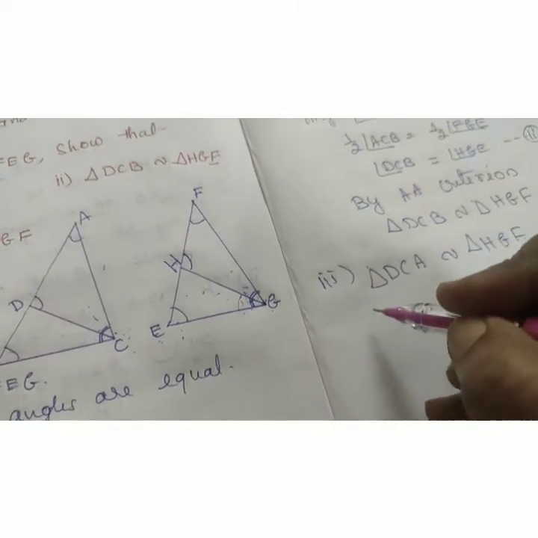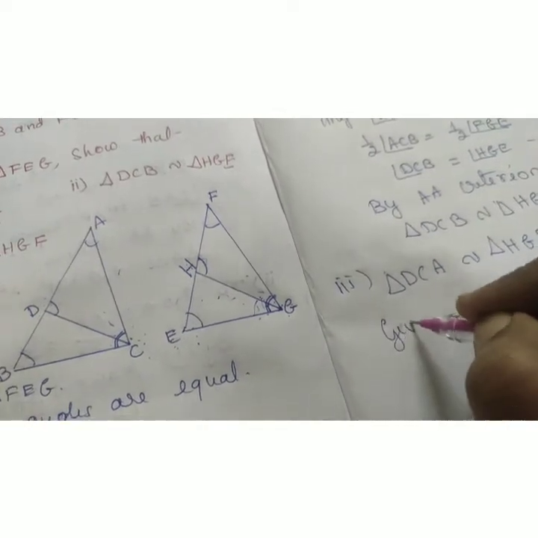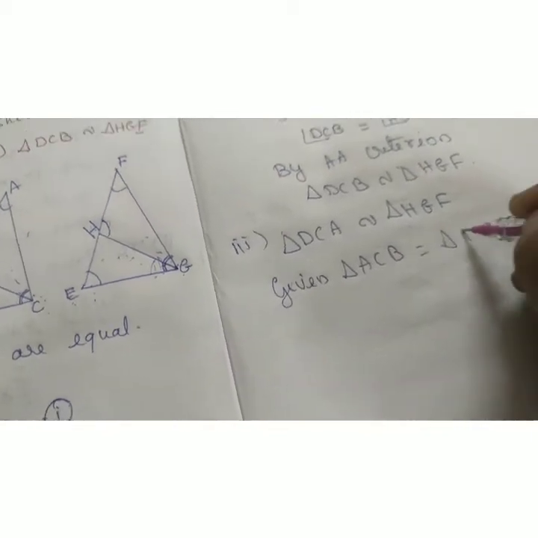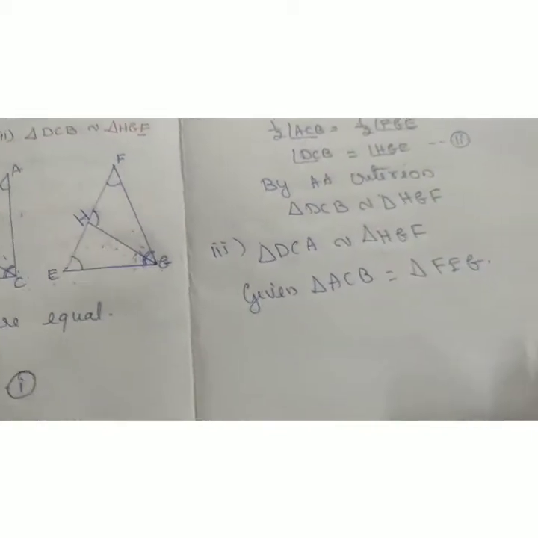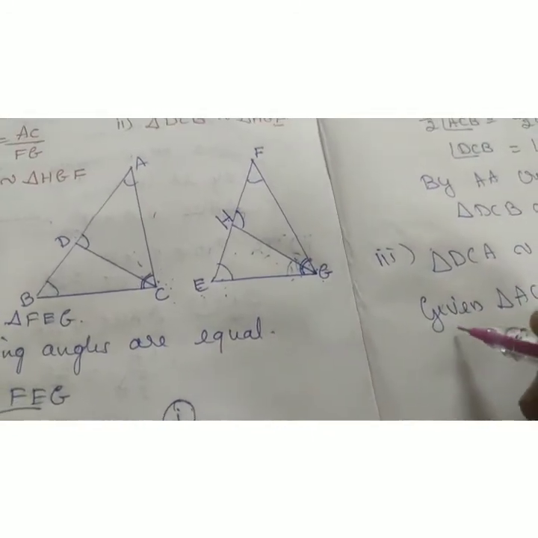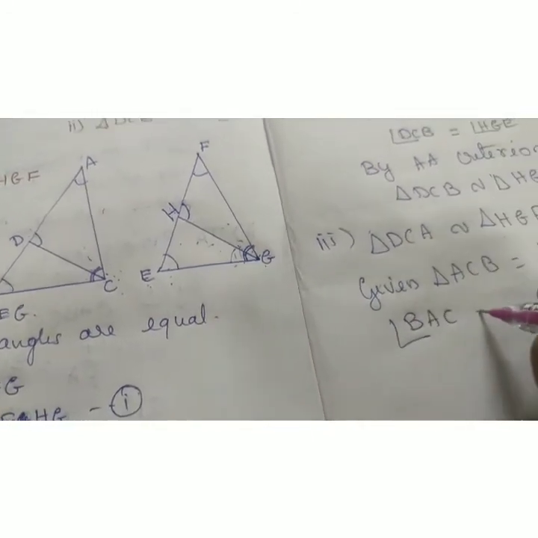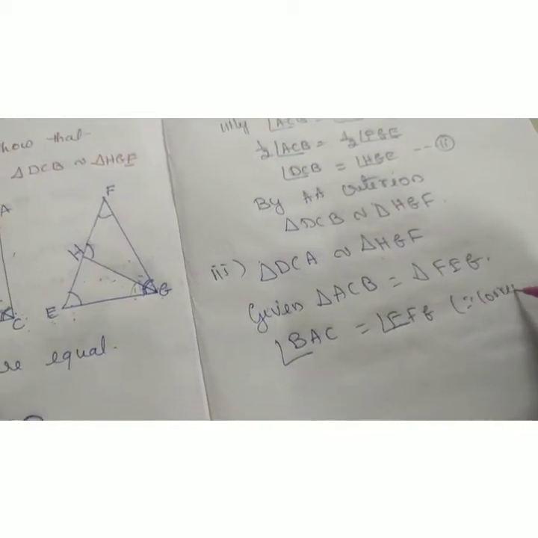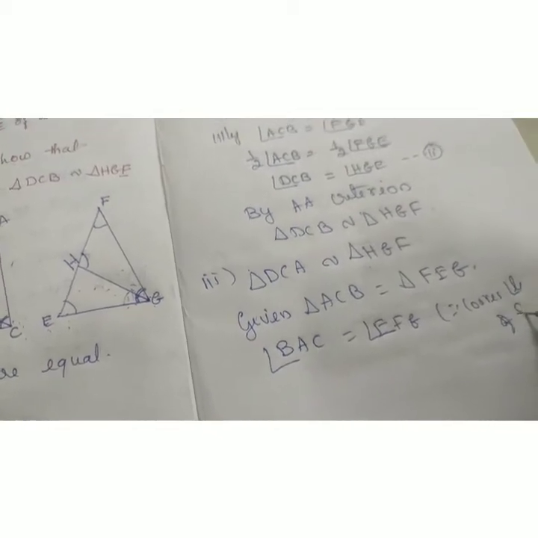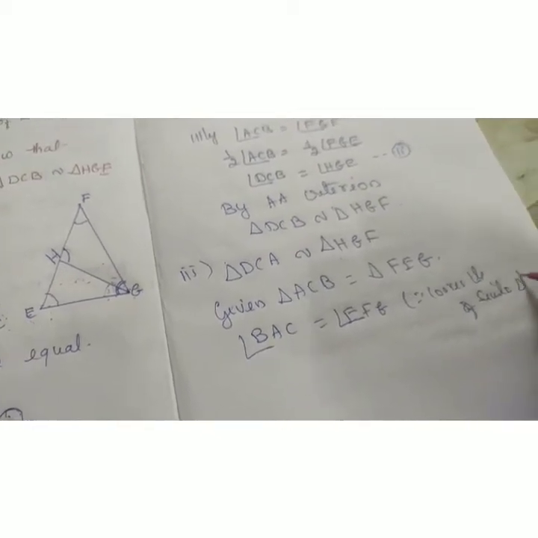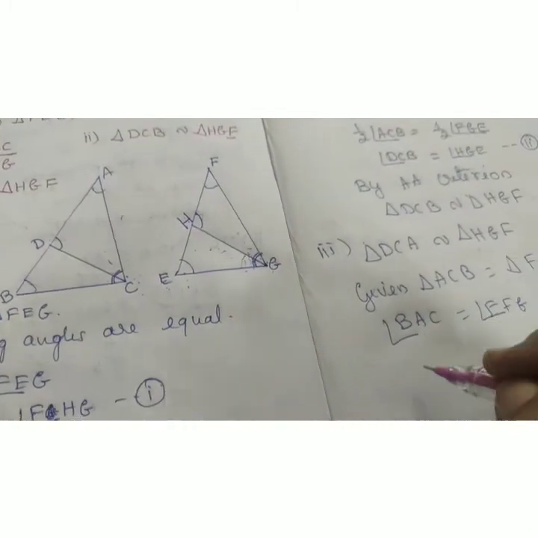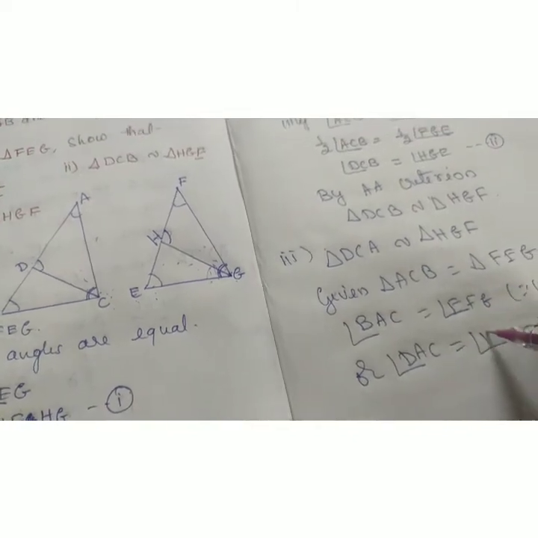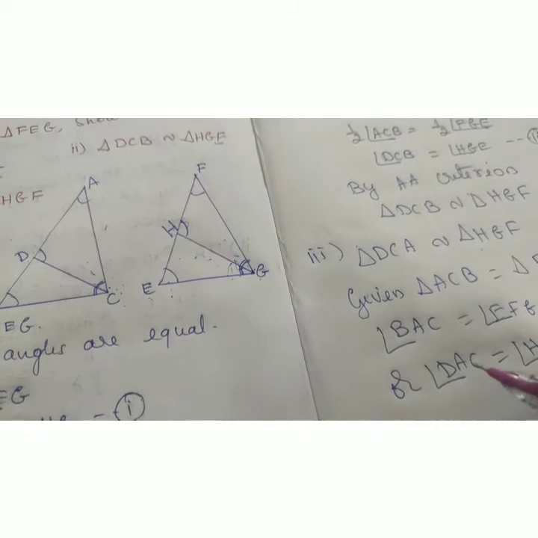Okay, so we can write here: given, triangle ACB is similar to triangle FEG. Therefore angle BAC is equal to angle EFG, because corresponding angles of similar triangles are equal. Or I can write BAC as angle DAC equal to angle HFG.